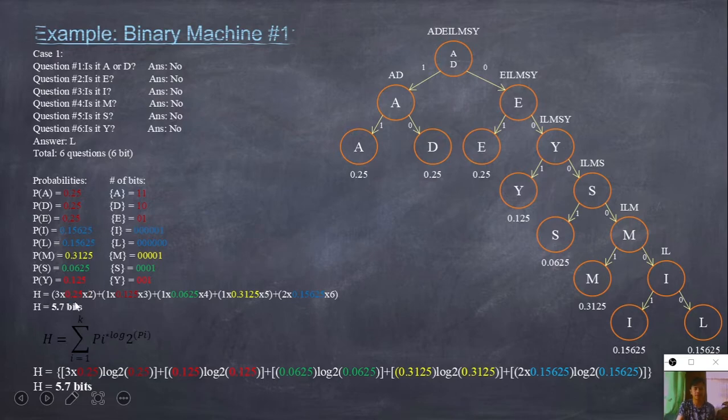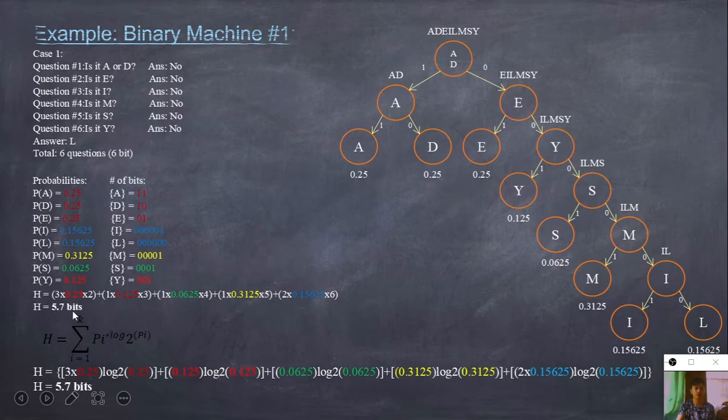So 3 times 0.25 times 2, plus 0.125 times 3, plus 0.0625 times 4, plus 0.03125 times 5, plus 2 times 0.015625 times 6. The 6 is there because there are 6 bits for I and L, which both have 0.015625 in their probability. So the answer is 5.7 bits.